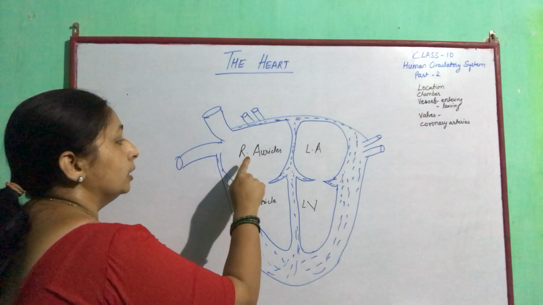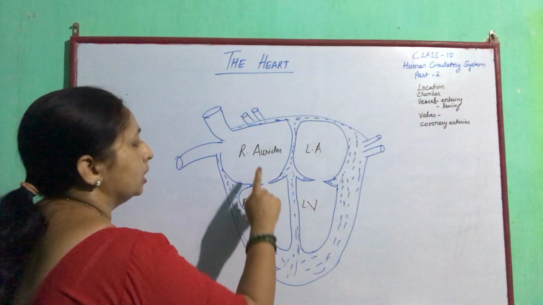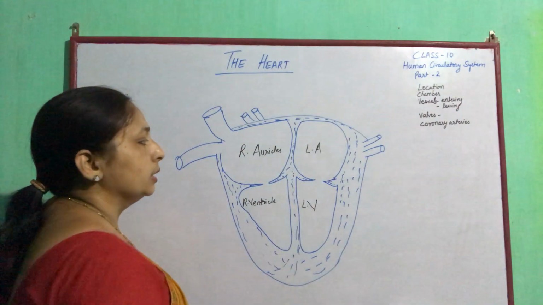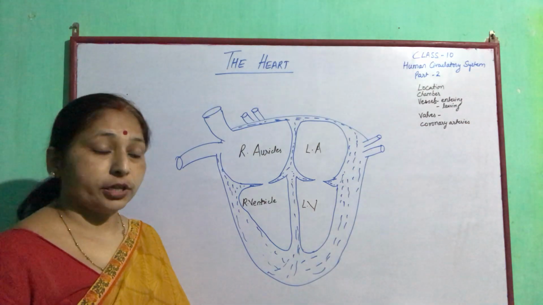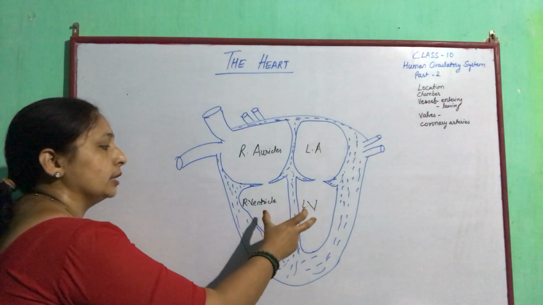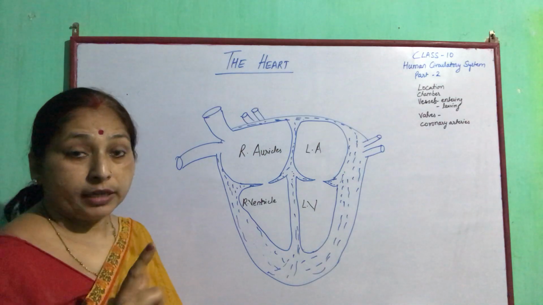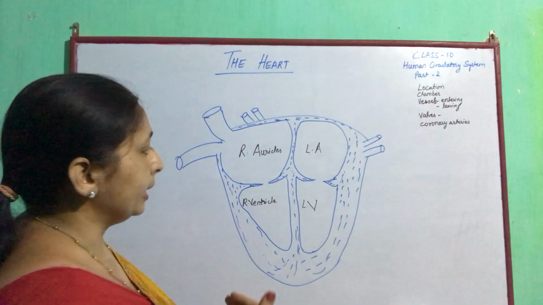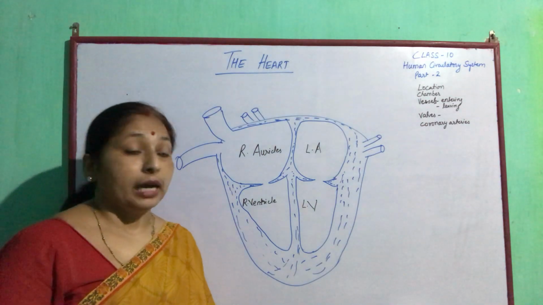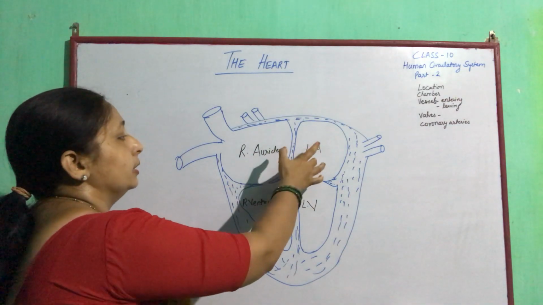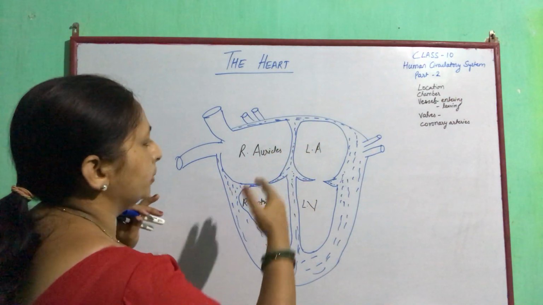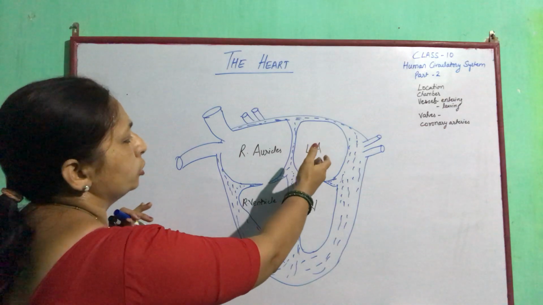Here, it has 4 chambers. The upper 2 are termed auricles or atria. The lower 2 are termed ventricles. Now, which is the right and left side of the auricle? As you can see, I have written right and left here, and according to me this one should be right.